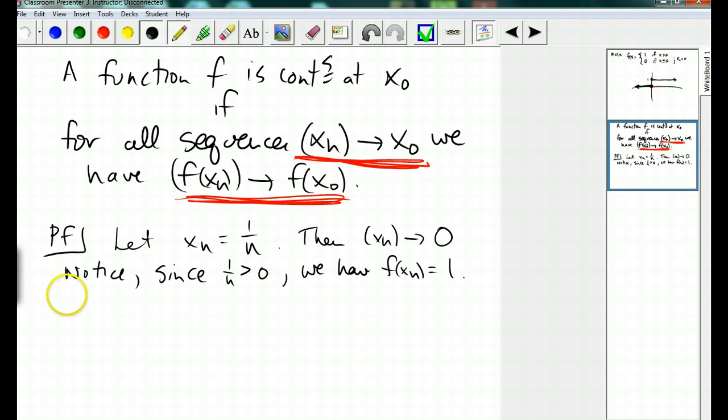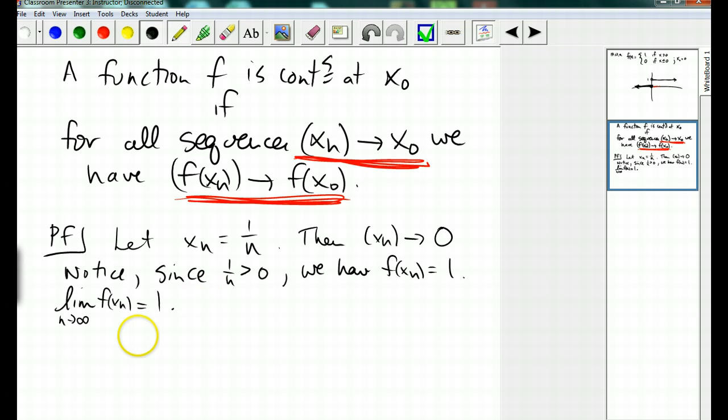Well, then, the limit as n goes towards infinity of f of xn would also be equal to 1, because f of xn is equal to 1 for every single one. Right?